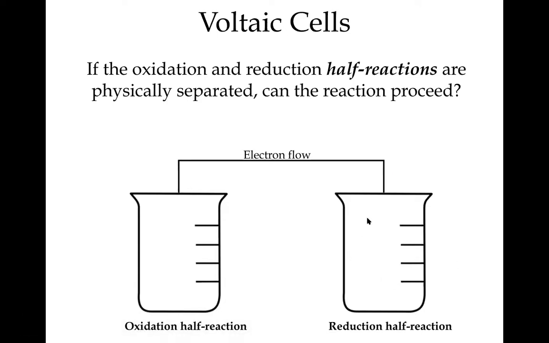Can the reaction proceed? Well, what they're asking is, can the electrons flow from the oxidized half reaction to the reduced half reaction? The answer, of course, is yes, but the circuit has to be closed. It depends on the apparatus that's set up, right?